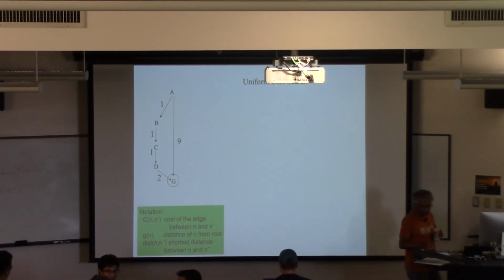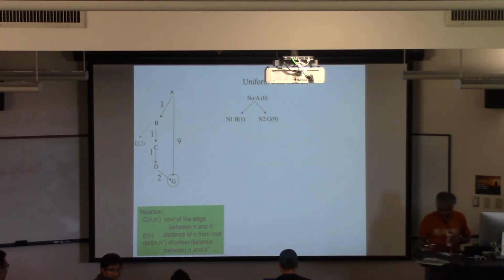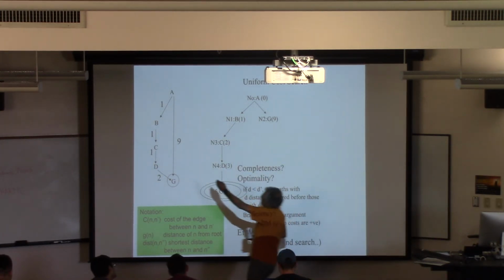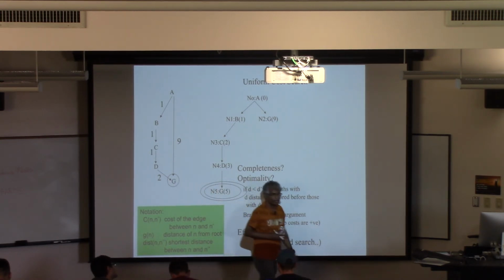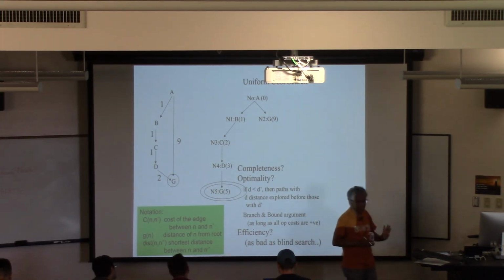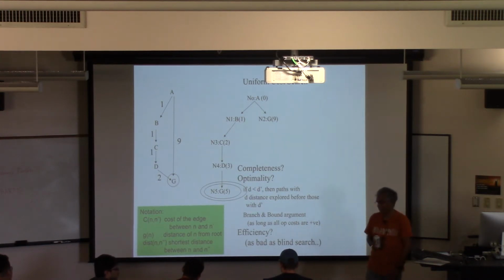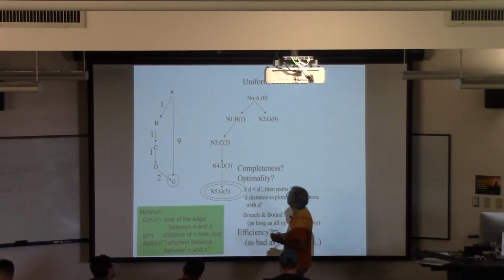Okay, so in the case of uniform cost search, the tree here, it turns out these are all integral values. The edge costs are integral values, so they're kind of nice. If they're real values, it's much worse. Integral values put some sort of a structure to the number of iterations that you have.